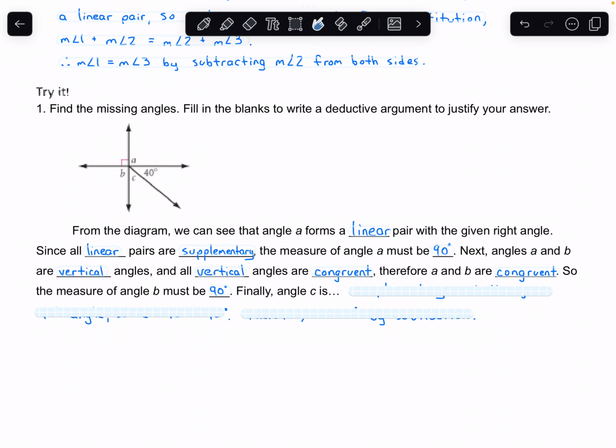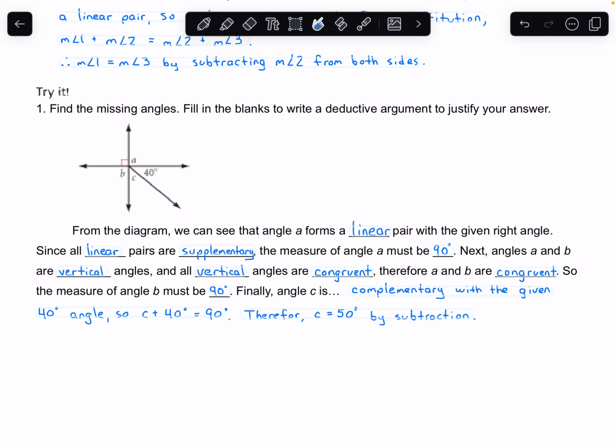Finally, angle C is complementary with the given 40-degree angle, so C plus 40 equals 90 degrees. Therefore, C equals 50 degrees by subtraction.